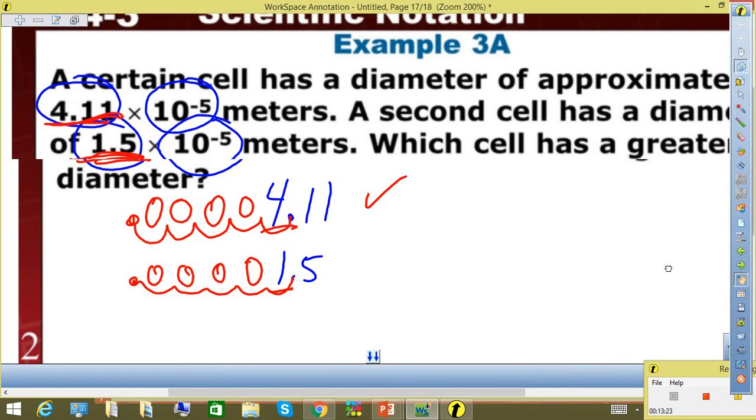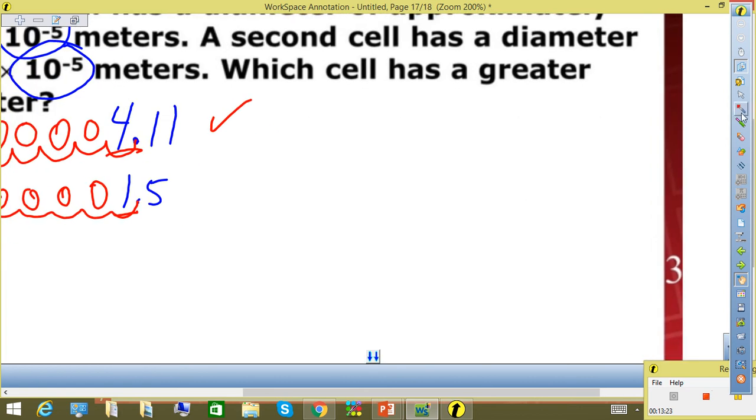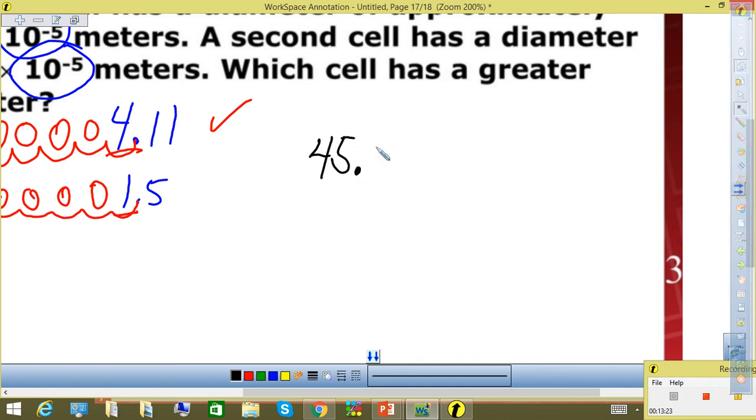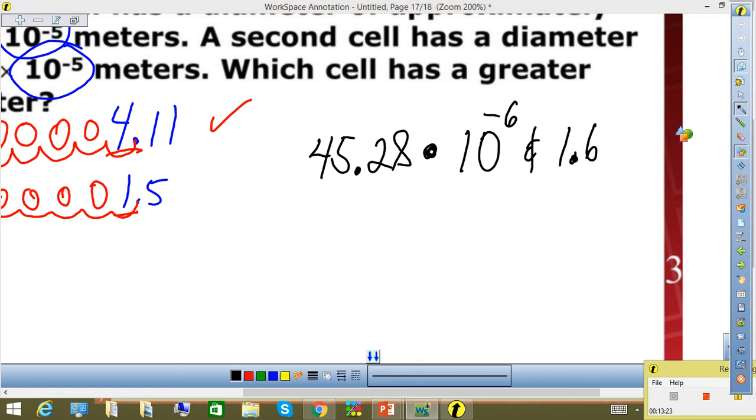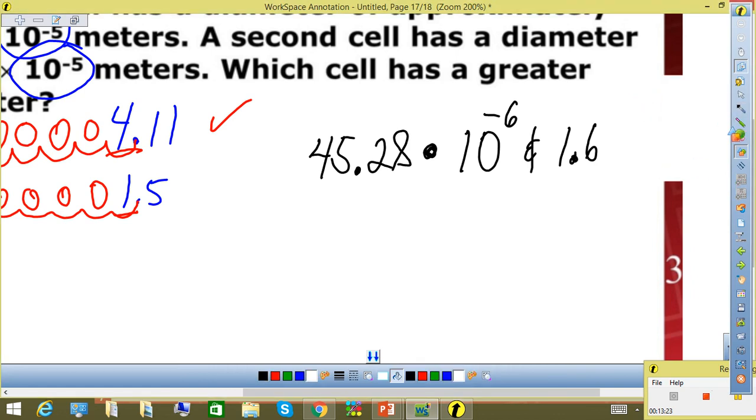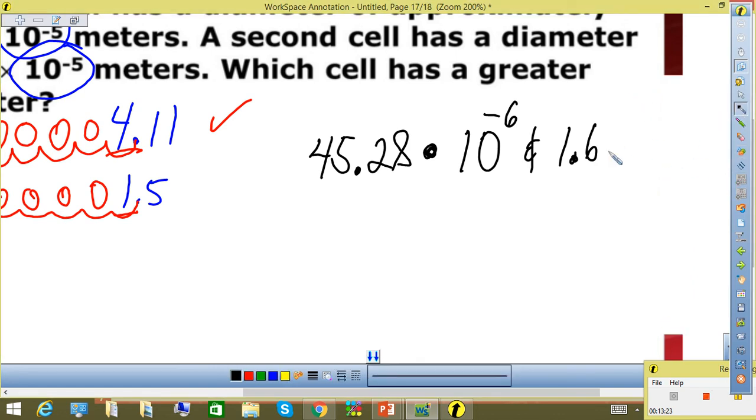But what if we had something like this? Watch. What if we had this number? Let's say we had 45.28 times 10 to the negative 6 and 1.6 times 10 to the negative 2.